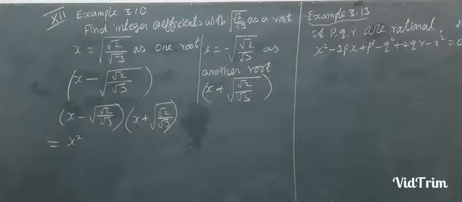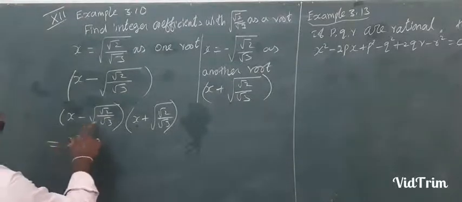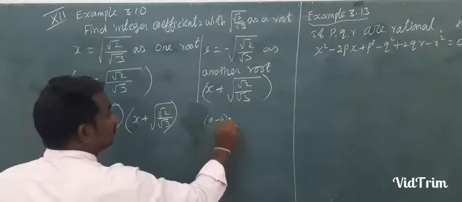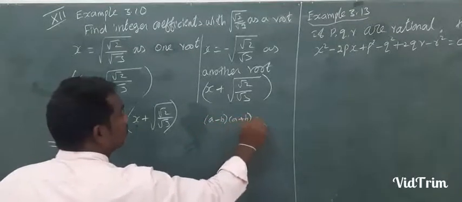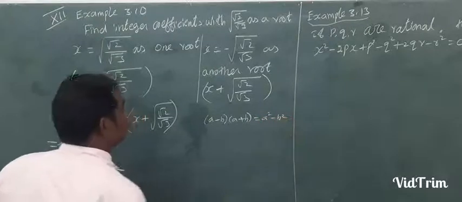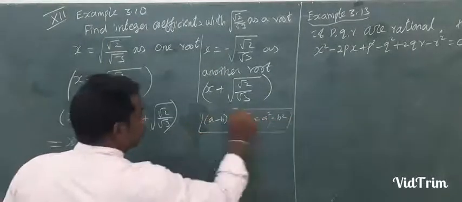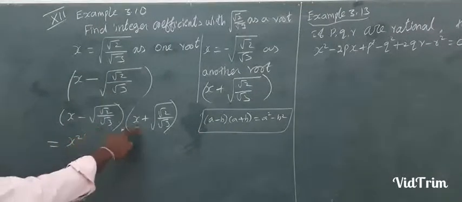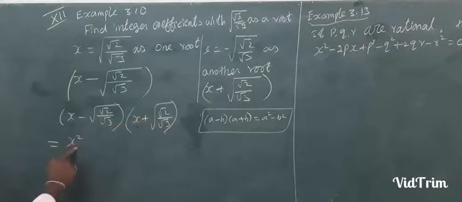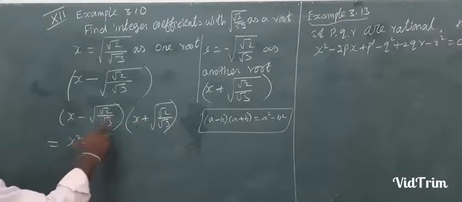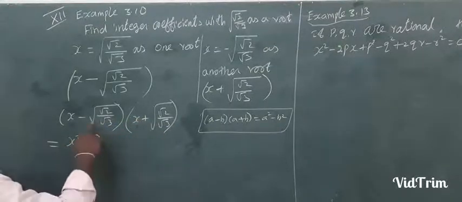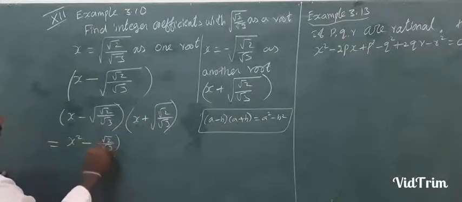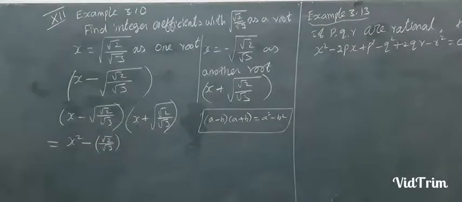Another method also: it looks like a minus b into a plus b, that is a square minus b square. So we are using this formula here. x minus a and x plus a gives x square minus b square. The square root cancels, and the remaining term is root 2 by root 3.